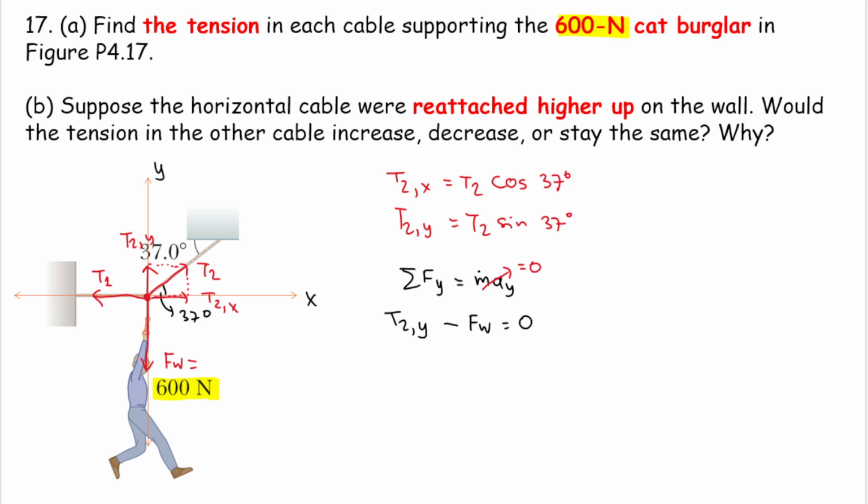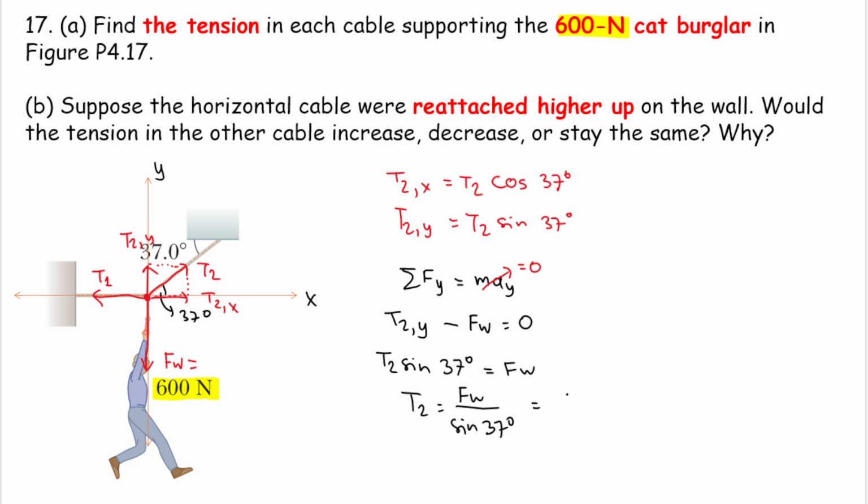But T2,y is T2 sine 37 degrees. So T2 sine of 37 degrees equals Fw. And we can isolate T2: T2 is equal to Fw divided by sine of 37 degrees.